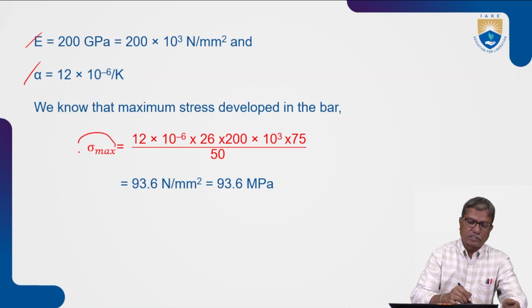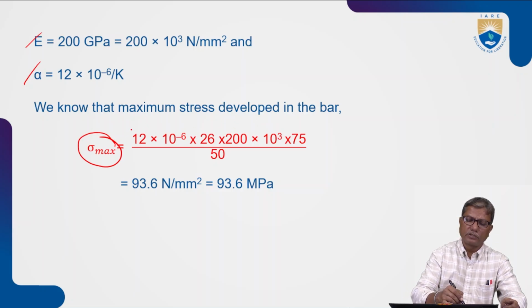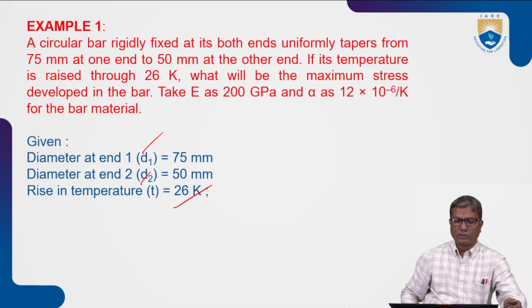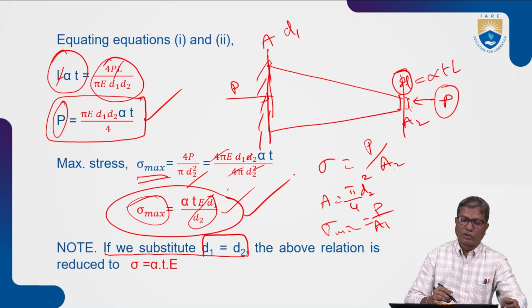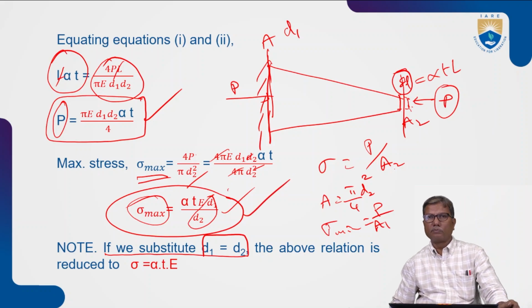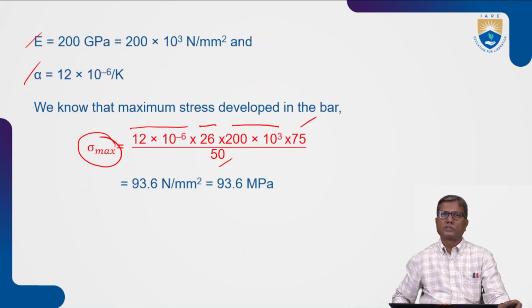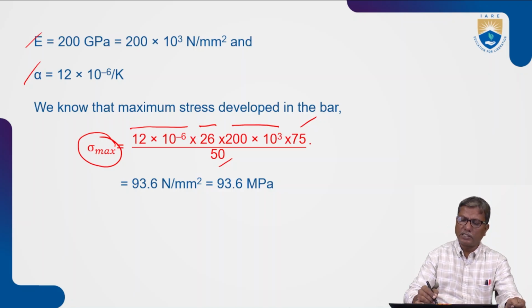So the maximum stress can be obtained as alpha T E into D1 by D2. Just now we have seen the expression. We can just substitute the values and find the maximum stress induced in the bar.